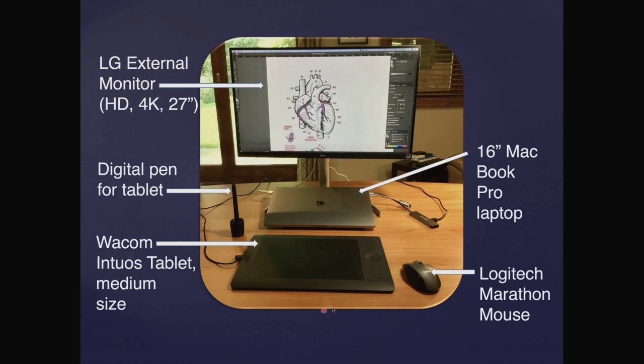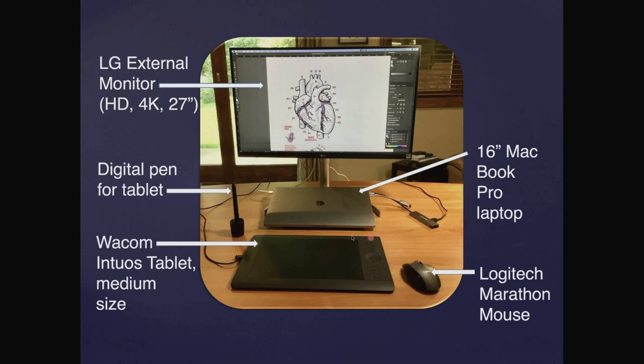That's like my digital sketch pad. The company that I get this one from is a Japanese company called Wacom. And the name of my particular model of tablet is called an Intuos tablet. This is not the latest one. This is not the best one. This is kind of a middle of the road one. And they have different sizes. So I'm showing you that this is the medium size.